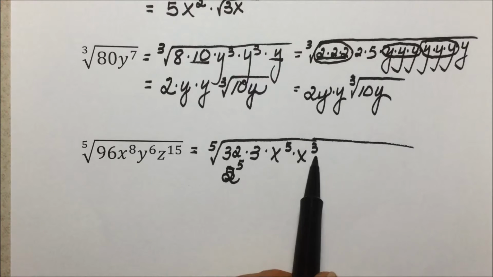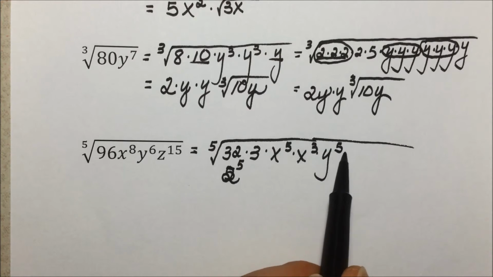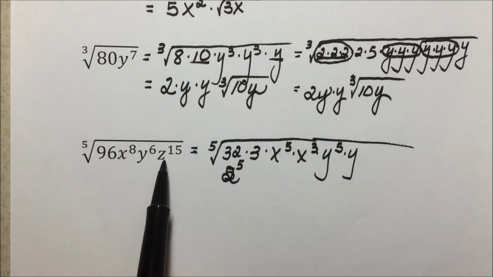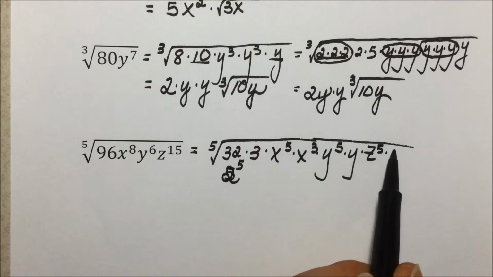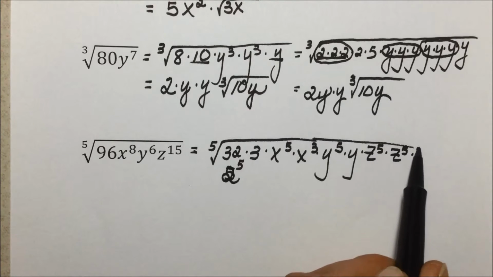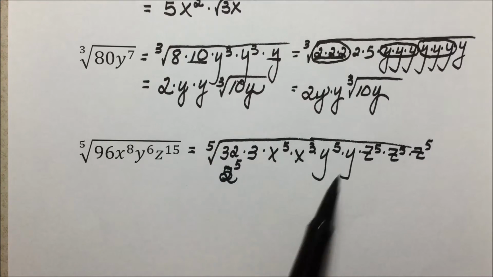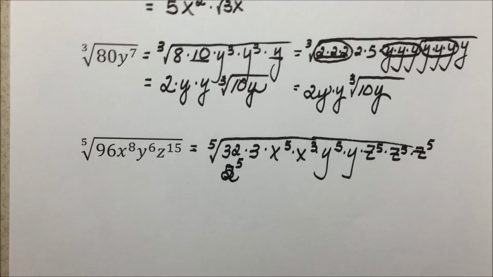Y to the 6th, I'm going to break into a y to the 5th with a y to the 1st, and a z to the 15th. We can have 3 z to the 5ths, which multiply together to give us our z to the 15th. So we have it broken down to help you see it visually.